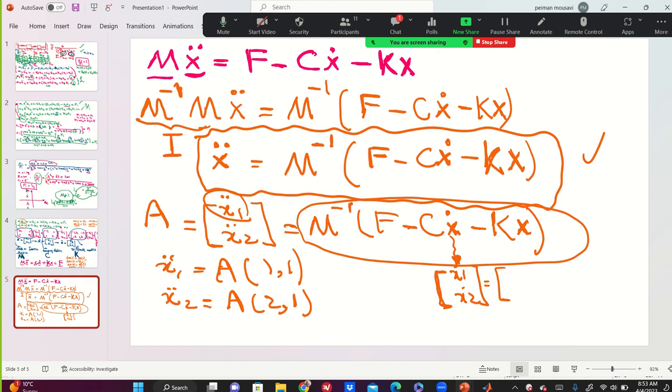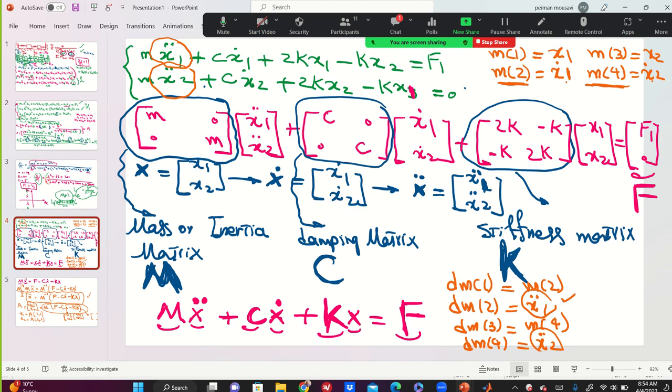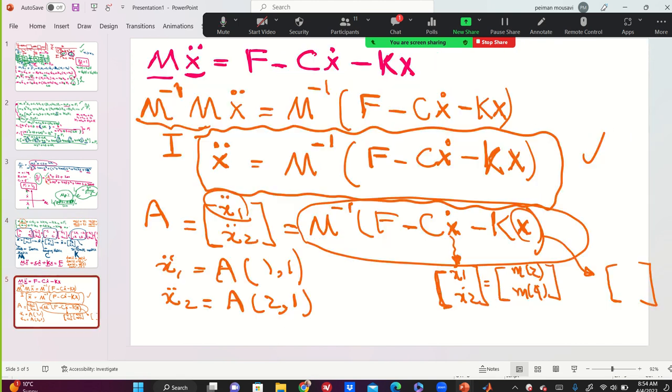M4. So you're gonna write here in MATLAB code M2 and M4. We're gonna do it together. Your X is X1 and X2. What is X1? M1. What is X2? M3. You're gonna have M1, M3. Bingo. Everything is based on that.